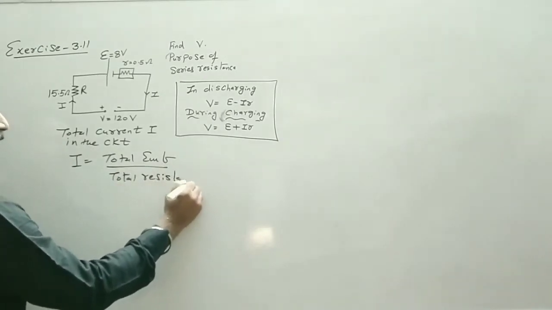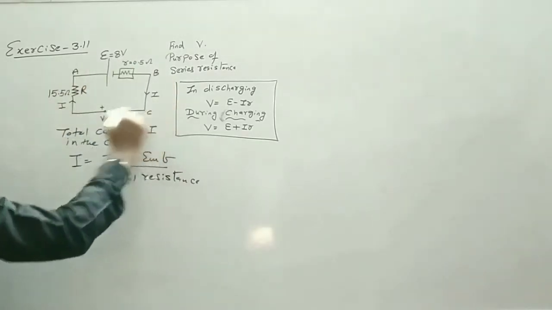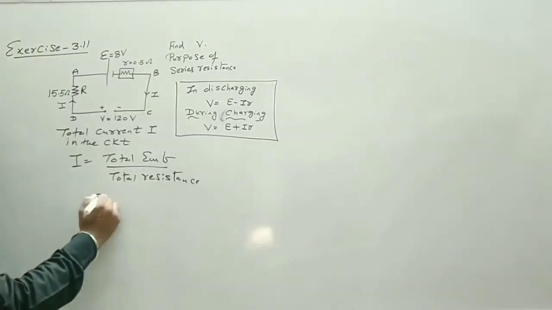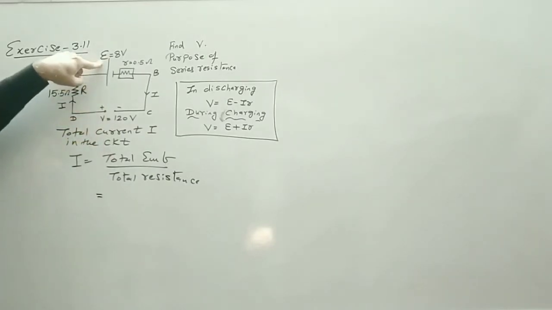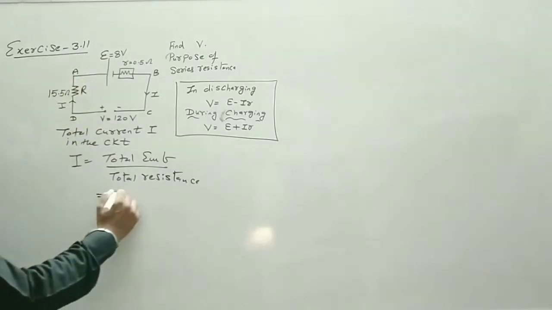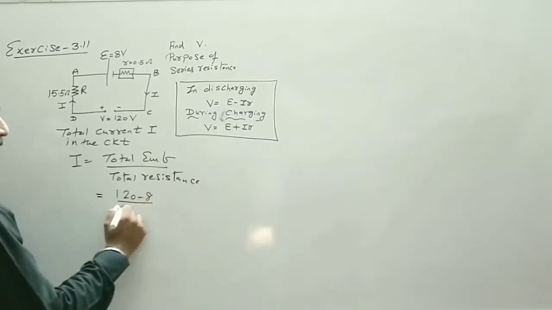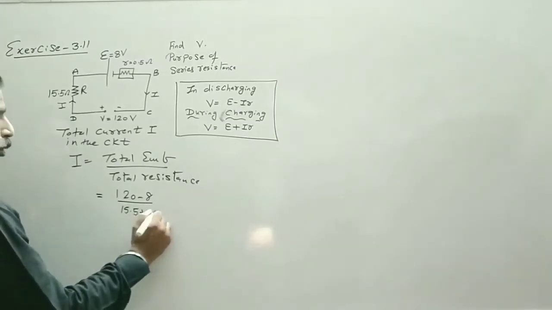Directly this is Ohm's law, and if you want, you can also apply Kirchhoff's law to find the current flowing through the circuit. Total EMF can be written as 120 volt, plus connected with plus, so it is an opposing condition. So it is 120 minus 8 divided by the total resistance, 15.5 plus 0.5.